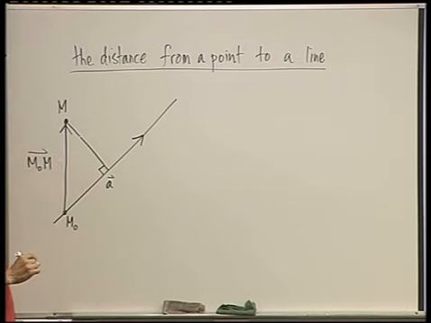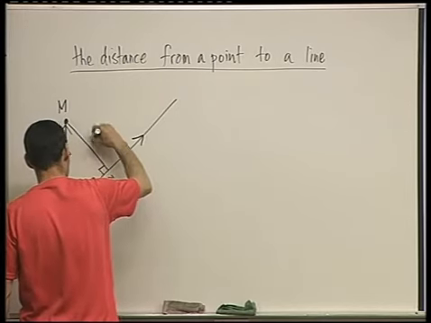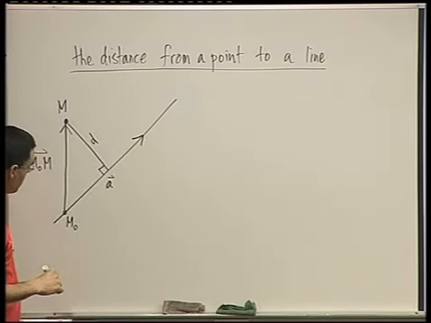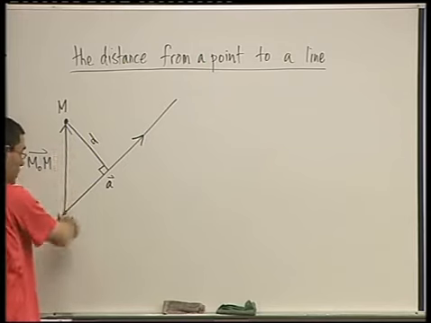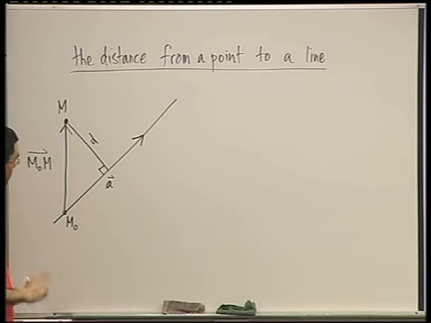Do you agree? Okay. And this is D. This is the distance that we're looking for. It's this thing. Right? It's not this thing. We don't want the length of this vector. This is precisely what we don't want. We want the nearest point. Now, does this remind you of something?